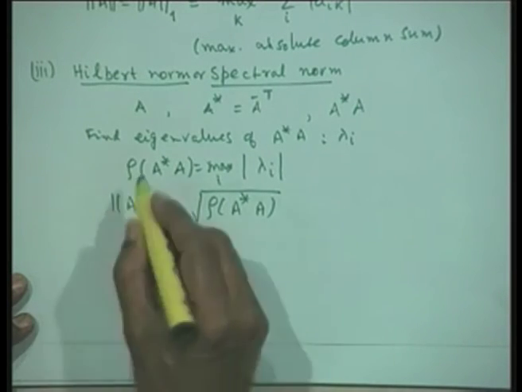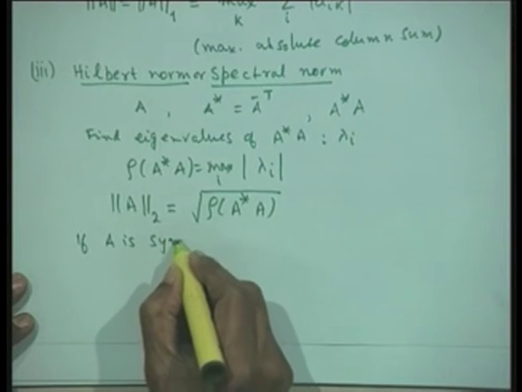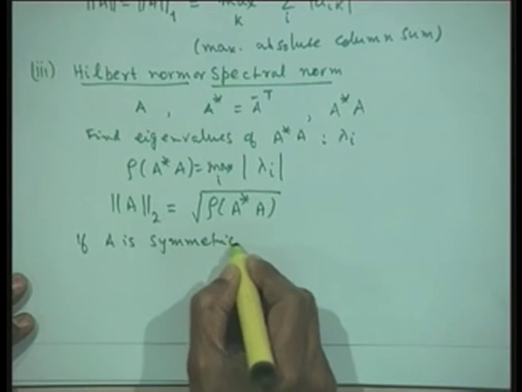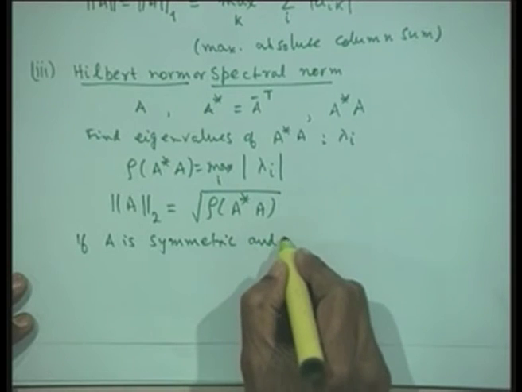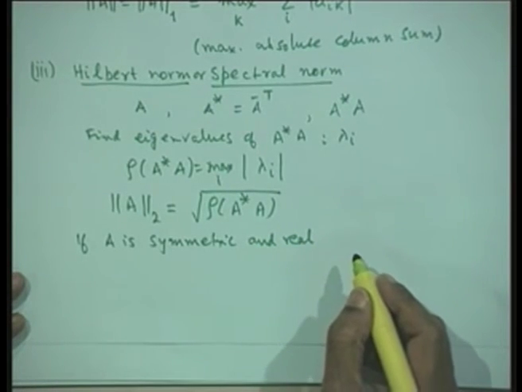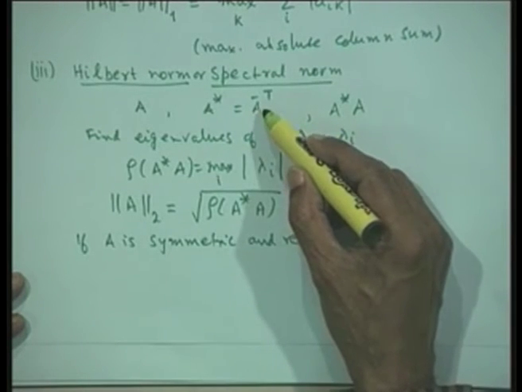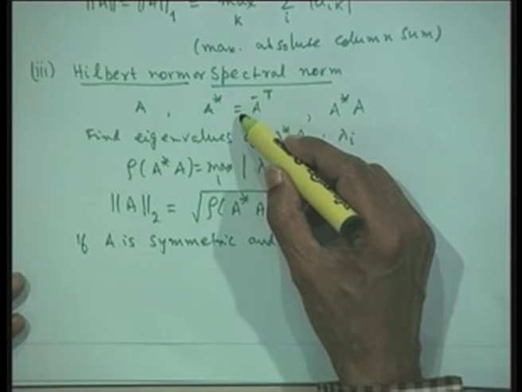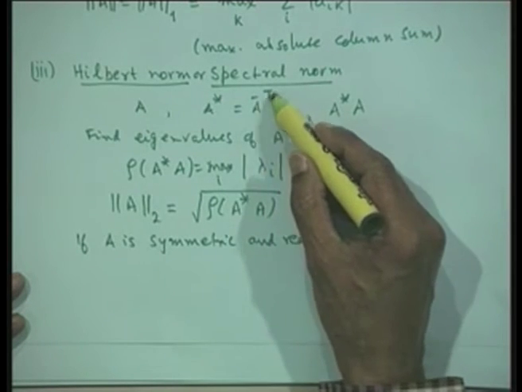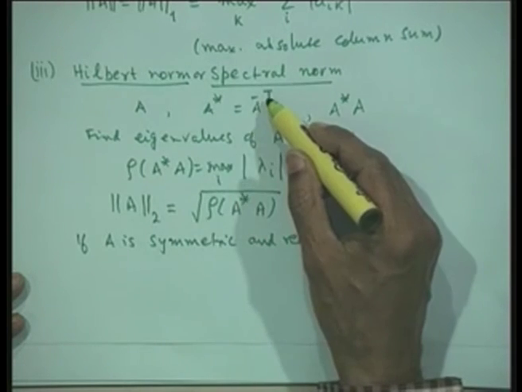Suppose A is symmetric and real. Then look at this definition: A star is the conjugate transpose, and since A is real and symmetric, A is equal to A transpose.